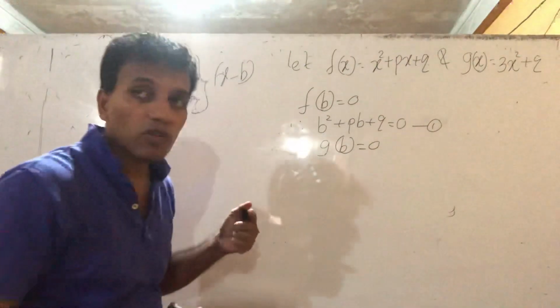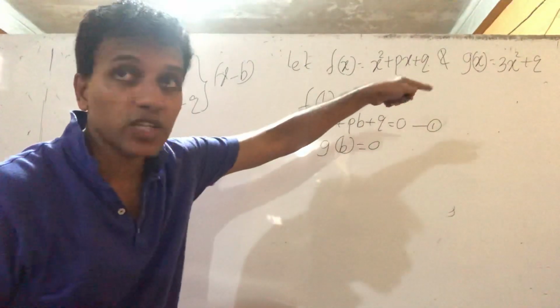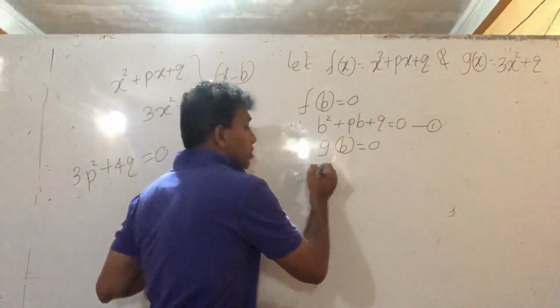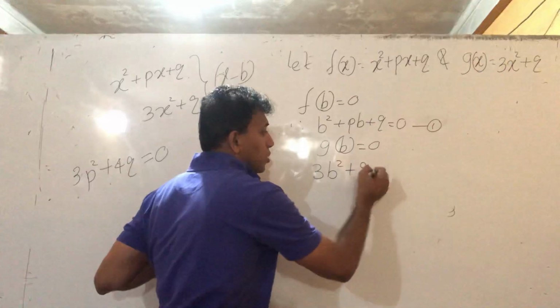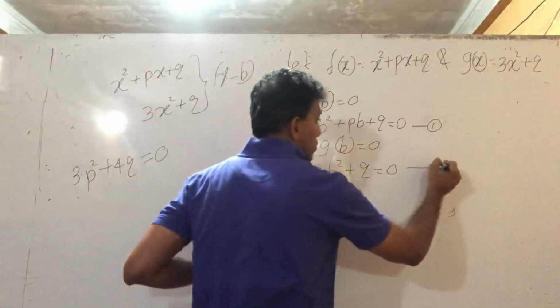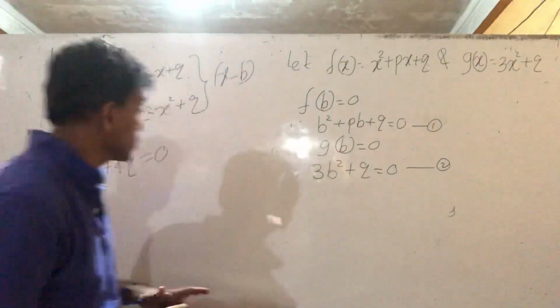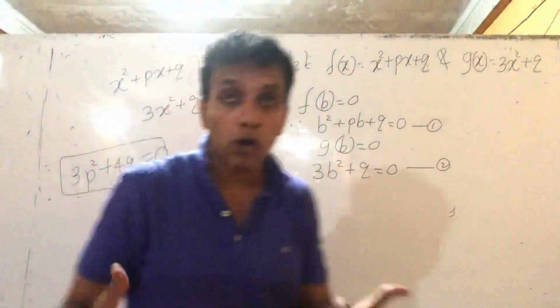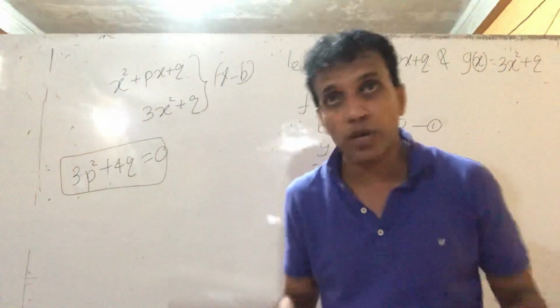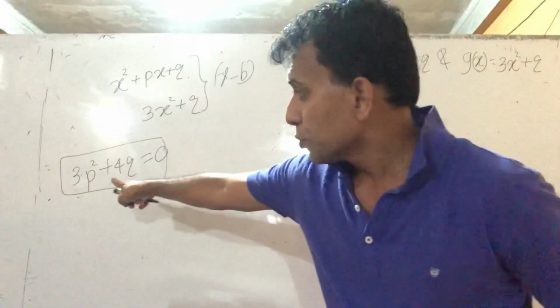Put x = b in that function: 3b square plus q equals 0. That is the second equation. You have to show this answer. Then think how to work the advanced mathematics calculations.